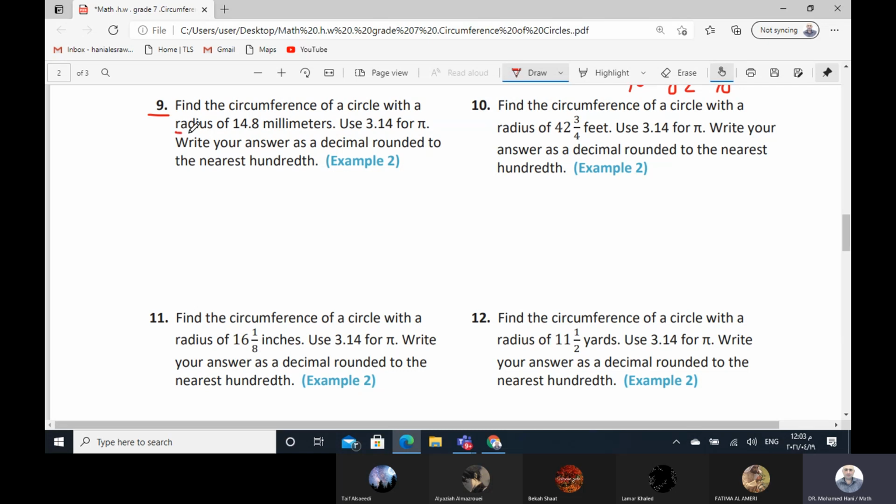So the information here, we have the radius, and we know pi, and we want to find the circumference. So start from the formula, C equals 2 pi r, 2 times the value of pi, 3.14, times r, 14.8.